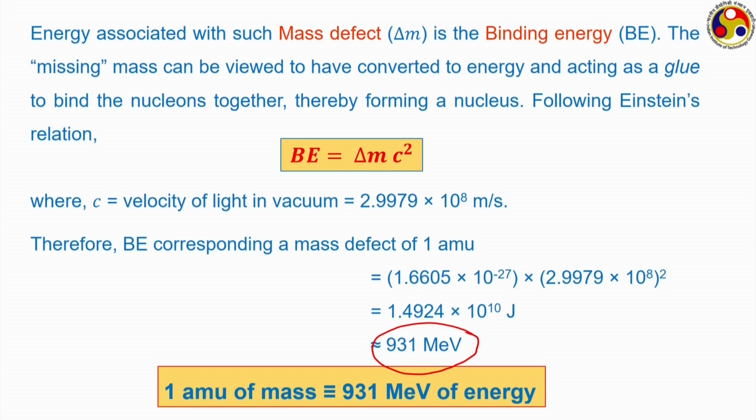That means, whenever a few nucleons combine to form a nucleus, if the difference in mass between the constituents and the final product is 1 AMU, then that nuclear reaction will be associated with an energy release of 931 MeV.